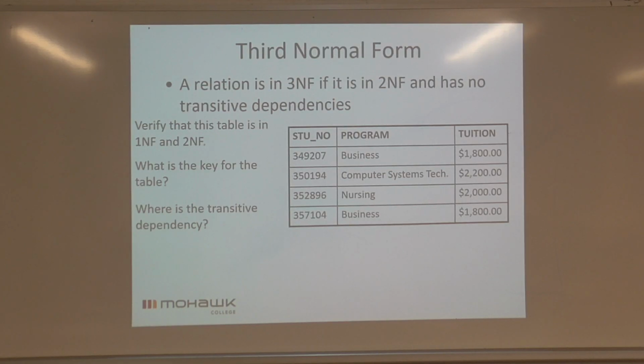Let's just say this is probably representative of domestic tuition more so than international tuition. At any rate, tuition is dependent on program, but program is not the key. Student number is key, right? So that should be its own table.